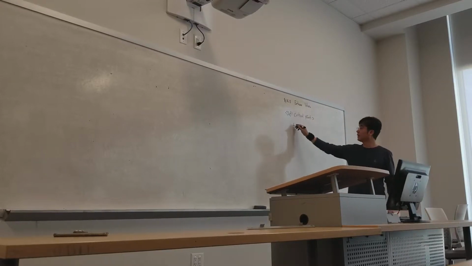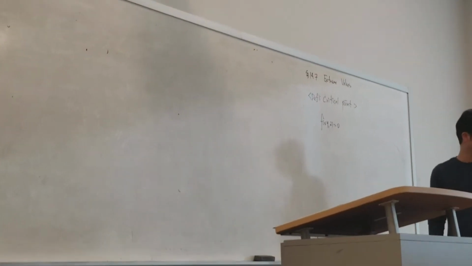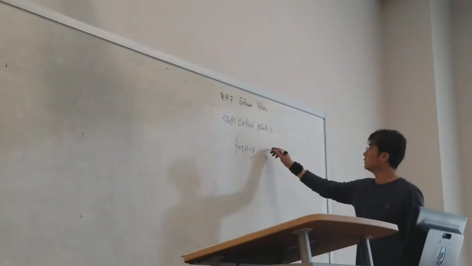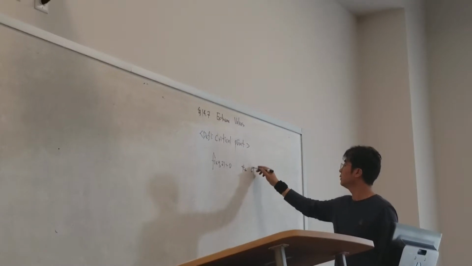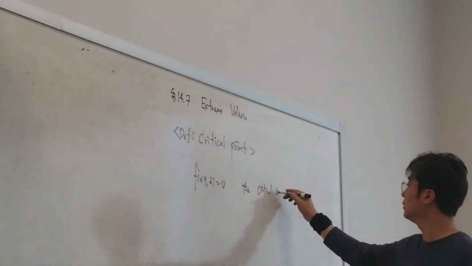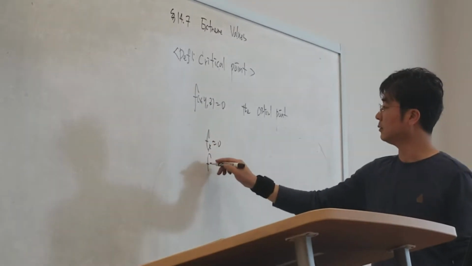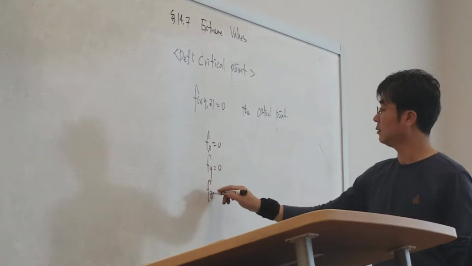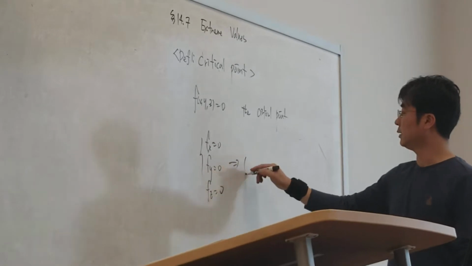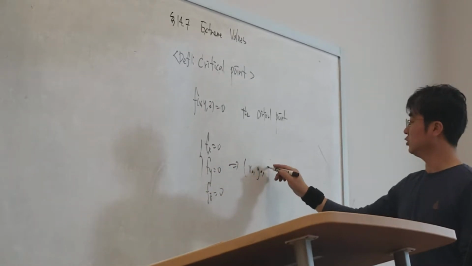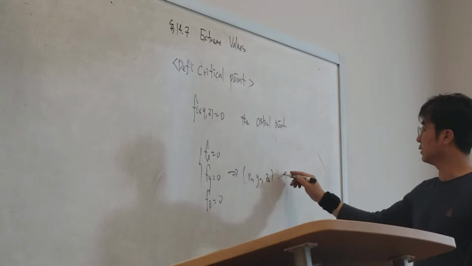If you have f of x, y, equal to 0, okay? And the critical point is given by the partial derivatives equal to 0. You have f sub x, f sub y equal to 0 at the critical point.